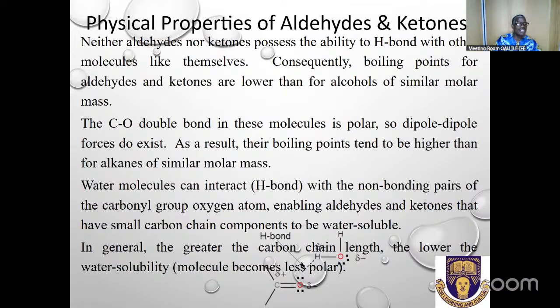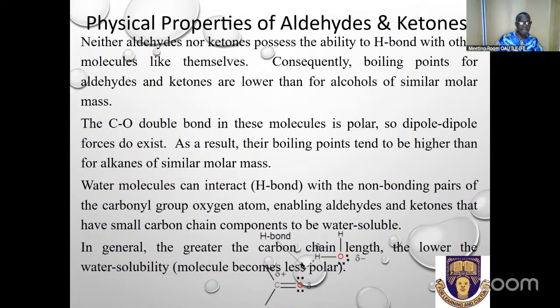Then the C double bond O in these molecules is polar, and so dipole forces exist, and as a result, their boiling points tend to be higher than that of alkanes of similar molar mass. Then water molecules can also interact with the oxygen of the carbonyl.